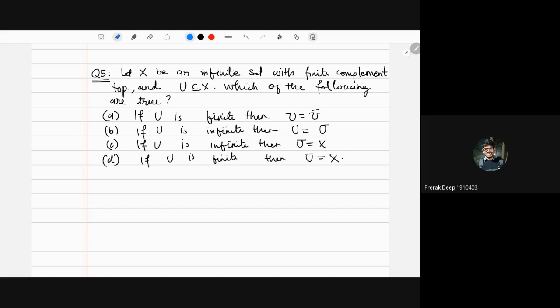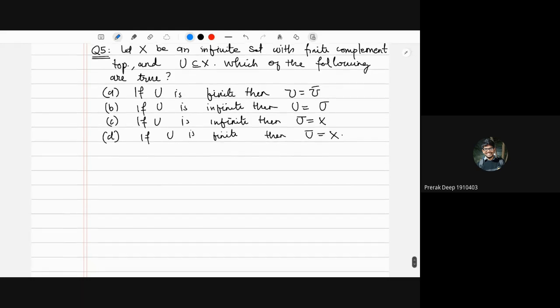Let us first recall what the finite complement topology is. The finite complement topology, let me write it as tau fc, is such that a subset in X is open if its complement is a finite set. So every subset whose complement is finite is an open set in this topology.